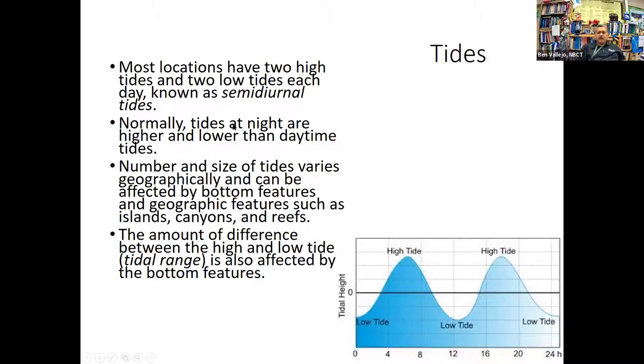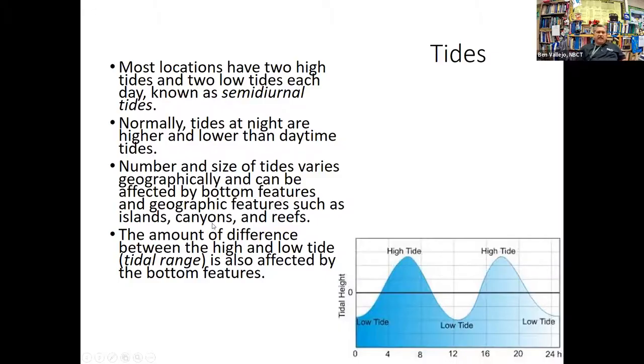Well, let's see. So normally tides at night are higher and lower than daytime tides. And then the number and size of tides varies geographically and can be affected by bottom features and all kinds of different places.